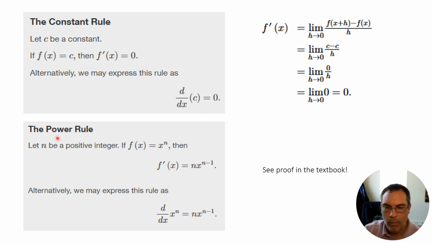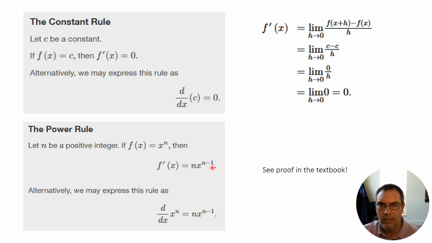What if you have a power? If you have the power of a function, like f of x equals x to the n, then what do you do? Well, the rule there is that you can bring the power down in front and subtract 1 from the power, and that gives you its derivative. So here it is written out, f prime is n times x to the n minus 1. If the function is x to the n, bring down the n, multiply it out front, subtract 1 from the power.